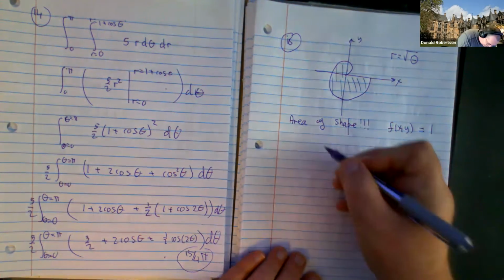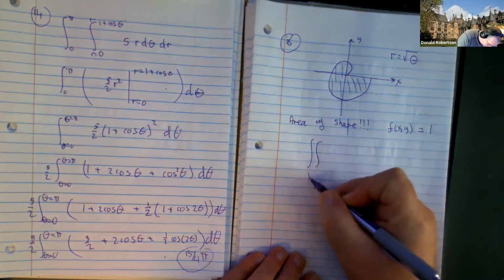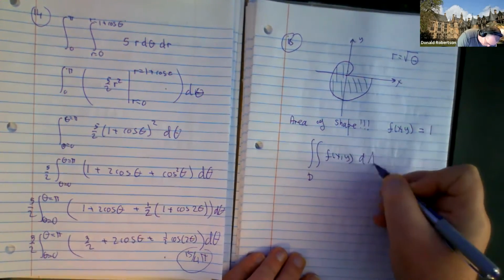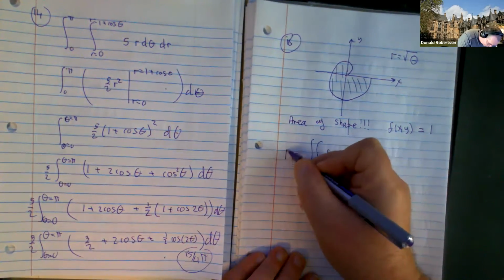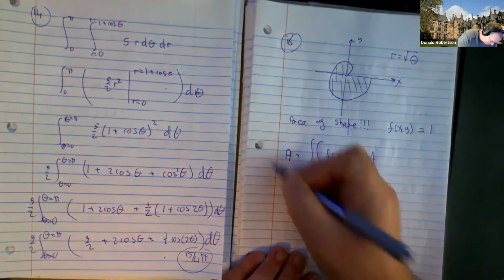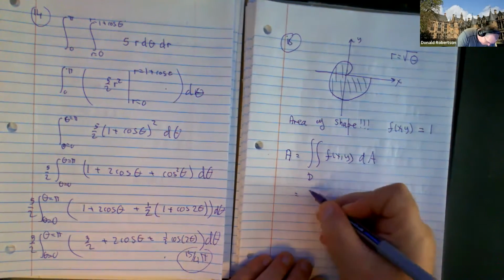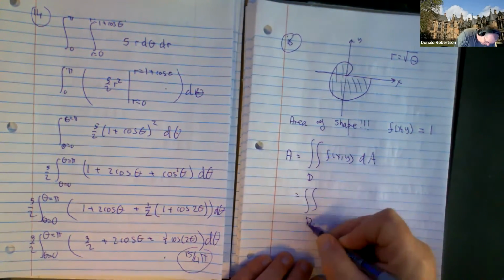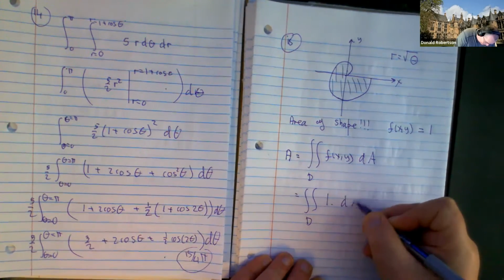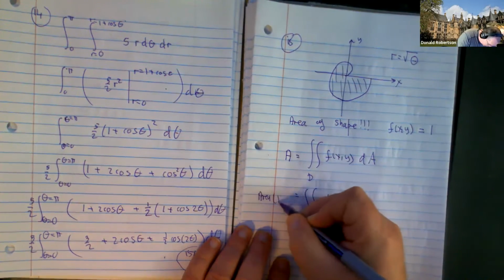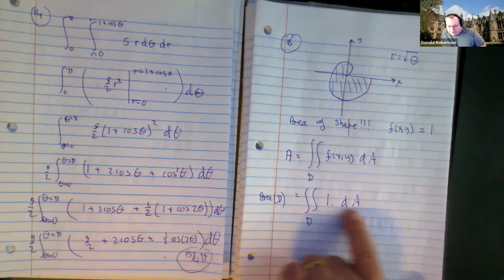So we are going to find the double integral of this guy and it's going to be equal to the area. And you get that by finding that guy. So the area of D will be this.